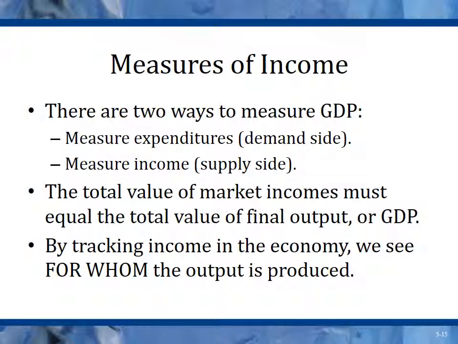So if you took all the receipts of everything you spent and then looked at your wage, your W-2s, or your pay stubs, whatever it may be, you total all those up and you total up all your receipts, they should equal each other if you spend everything you make. That's the same thing going on here for our economy as a whole.